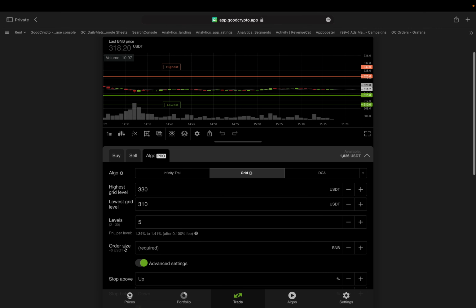And by the same token, you launch the grid and the price goes up all the way and leaves the grid range here. You have sold the BNB that you had, but the price keeps getting higher. That means you have unrealized losses.